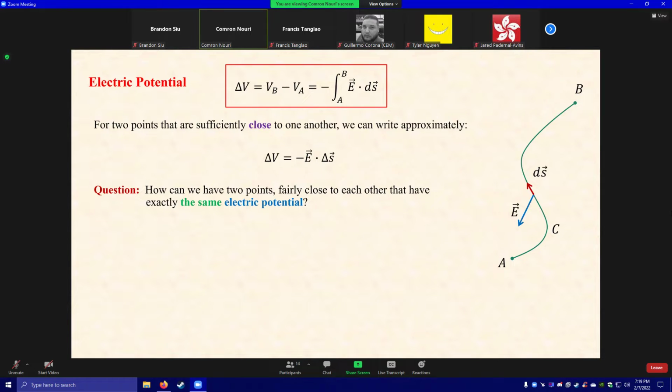How can we have 2 points fairly close to each other that have exactly the same electric potential? So we want 2 points, meaning delta S from one point to the other is small, and they have the same potential, meaning delta S is not 0, but delta V is 0.